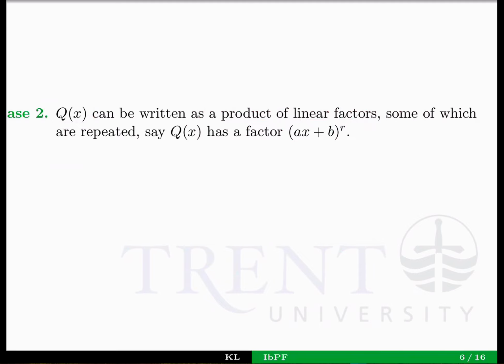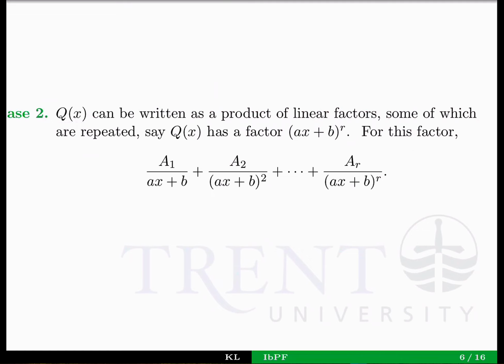Then for each repeated factor, for each power of ax plus b, you will put a numerator. What I'm saying is, you got the factor ax plus b to the power r.